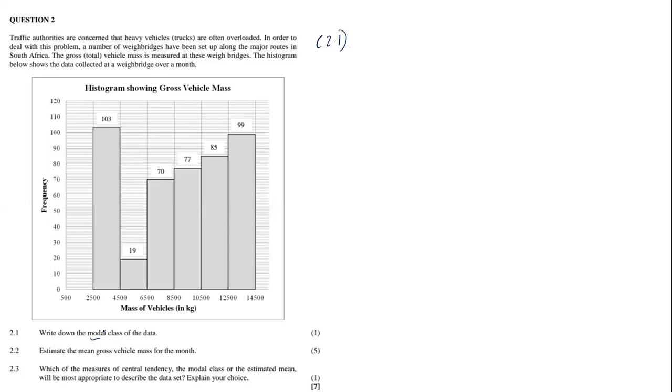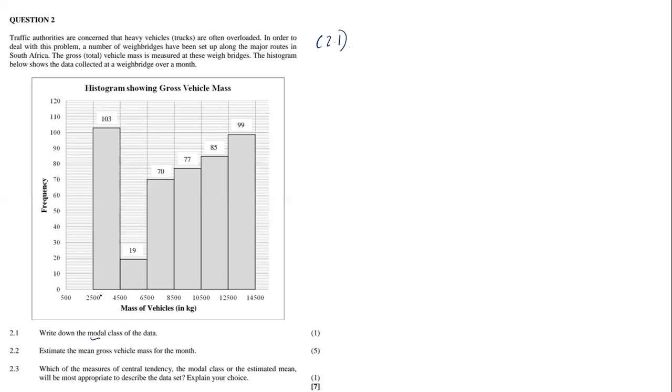Mode is the most occurring value, a value that appears more often. So how are we going to determine the modal class? We're going to use the highest frequency. Now, the highest frequency of these bars is 103. So that means 103 appears a lot. So what is the modal class of 103?